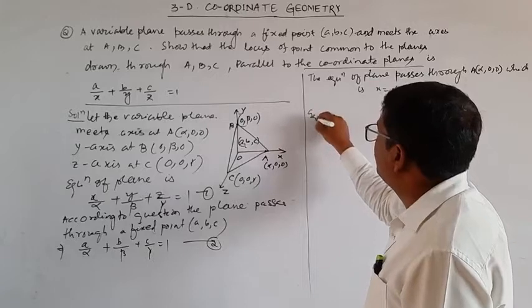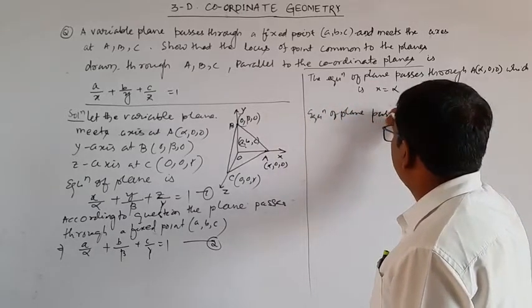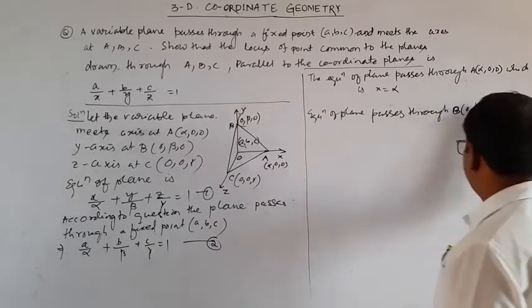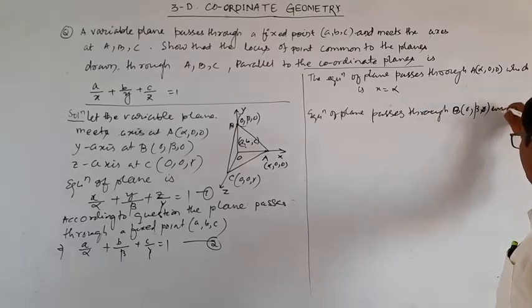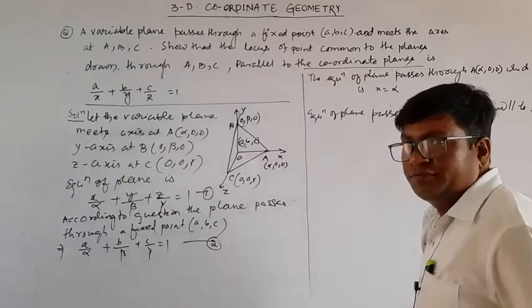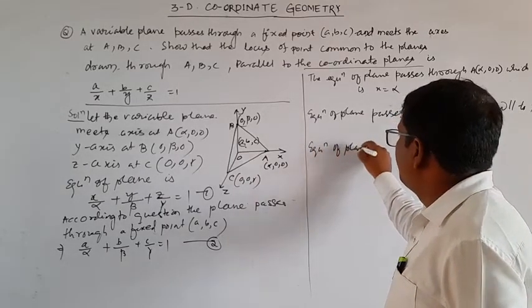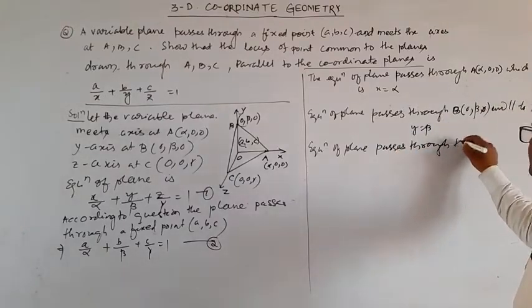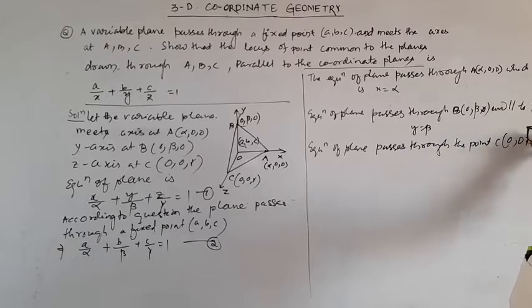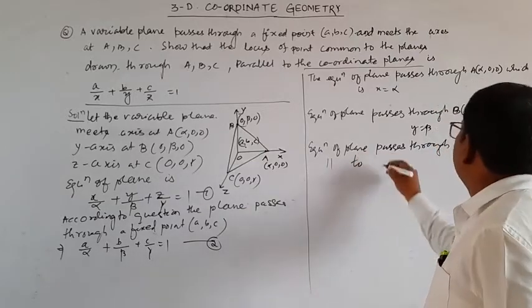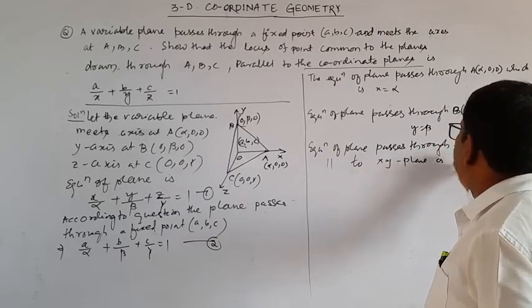Similarly, the equation of the plane passing through B (0, beta, 0) which is parallel to the xz plane is y = beta. The equation of the plane passing through the point C (0, 0, gamma) which is parallel to the xy plane is z = gamma.